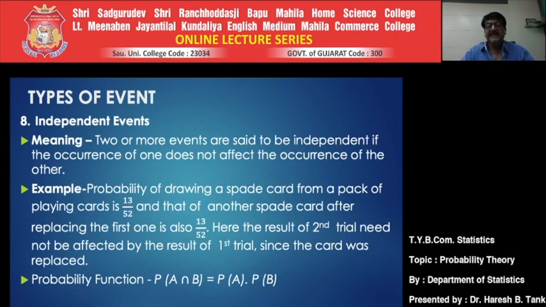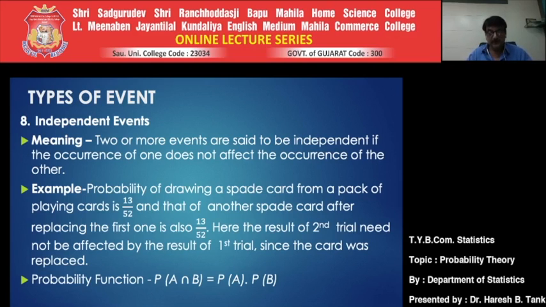While addressing this independent event, one more thing is to be clear. You might have heard the words with replacement and without replacement. An experiment is performed with replacement, or an experiment is performed without replacement.